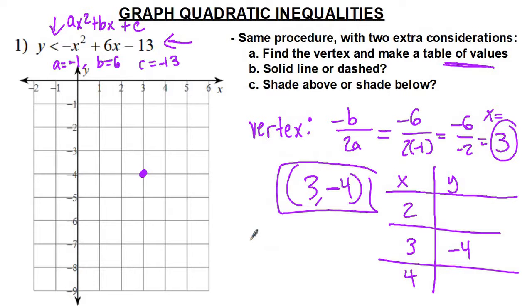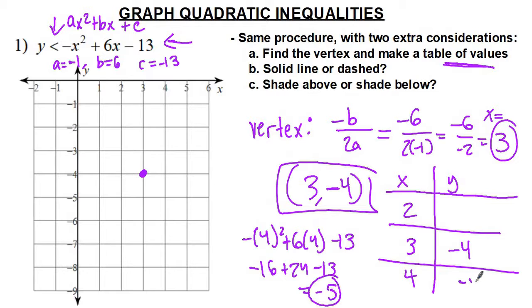So if we plug in 4 to that equation, we'll have negative 4 squared plus 6 times 4 minus 13. This equals negative 16 plus 24 minus 13, and that's equal to negative 5. So this will be negative 5, and so will that. We can put these points right here.